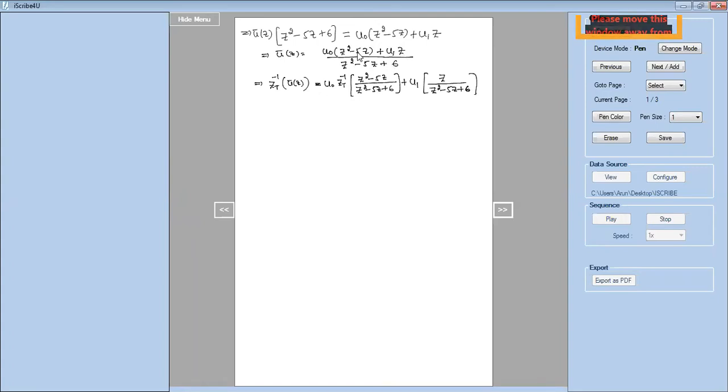It is like a plus b by c, which I can write as a by c plus b by c.